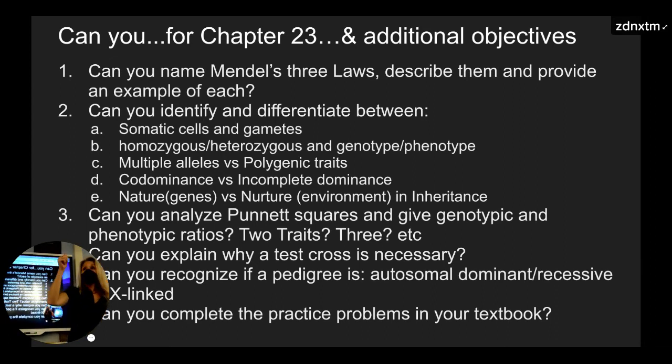Multiple alleles versus polygenic traits. Multiple alleles would be if I had big T1, big T2, big T3, and little t. Right? I don't just have big, little. Where did we see that? Blood types. Remember? We had big IA, big IB, and little i. Is big I still dominant over little i?